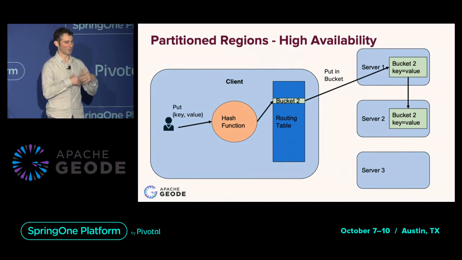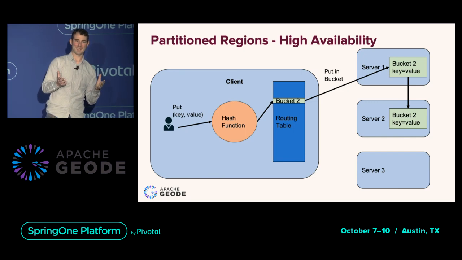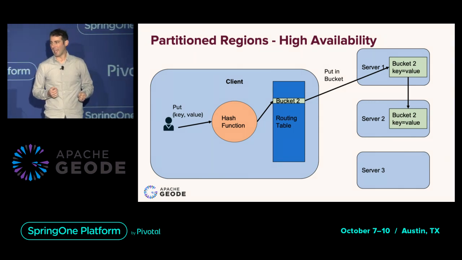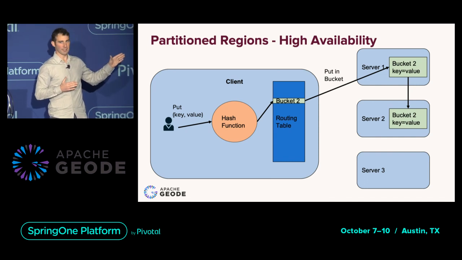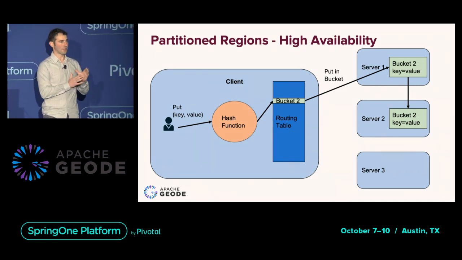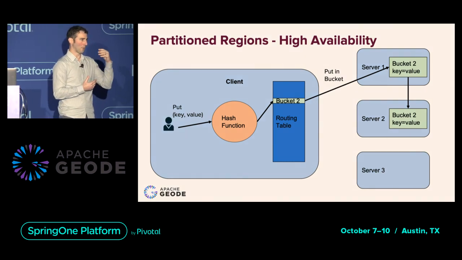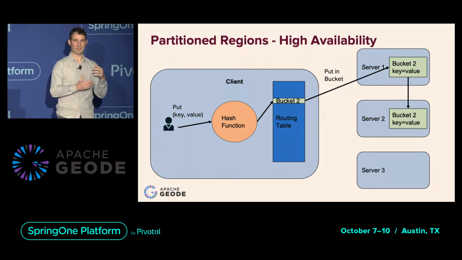It's based on your redundancy settings, but assuming you've set up redundancy, we'll make extra copies. And one key thing here is that we actually distribute to all copies of your data before returning to the client. And what that lets us tell you is that once your operation is done, if you turn around and do another read, you're guaranteed to see the result of that operation.